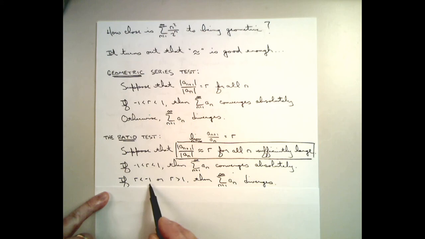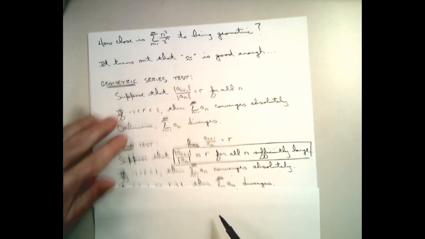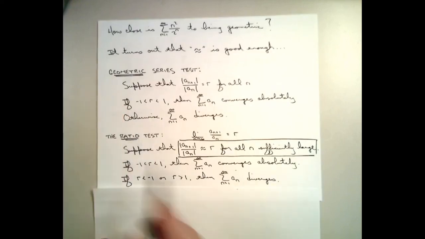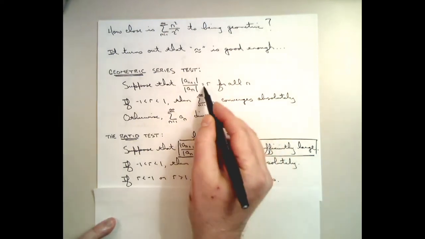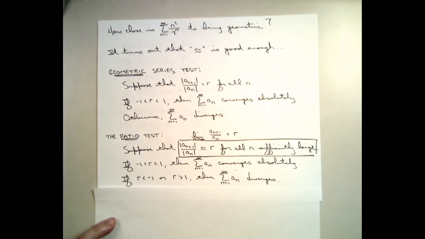However, if r is strictly less than -1, then we are going to have a divergent series. And if it's strictly greater than 1, we're also going to have a divergent series, right? So the ratio test looks very, very similar to the geometric series test. It's just that we're using approximate equality instead of equality for the ratios.